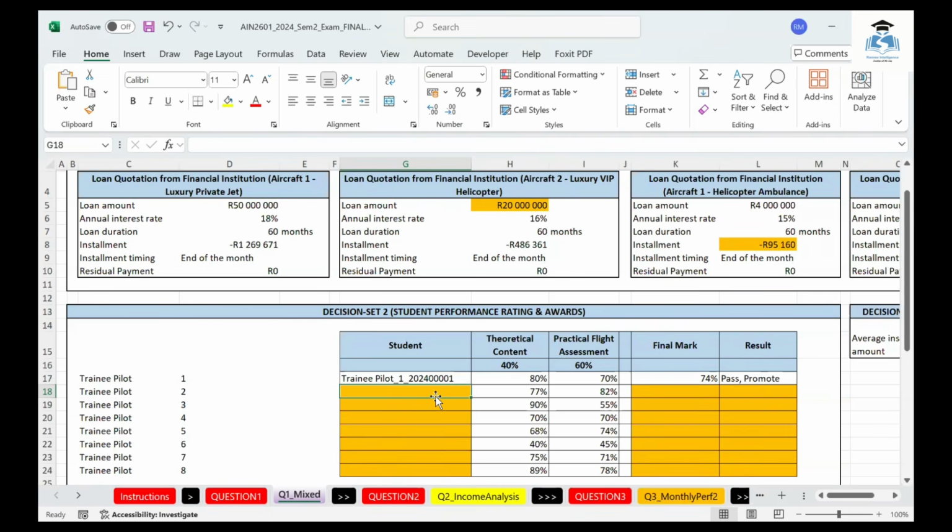Can I try? Yes. It's going to be equal to C17, and not C18. Let's go back to the question. C17 is meant for the top one.